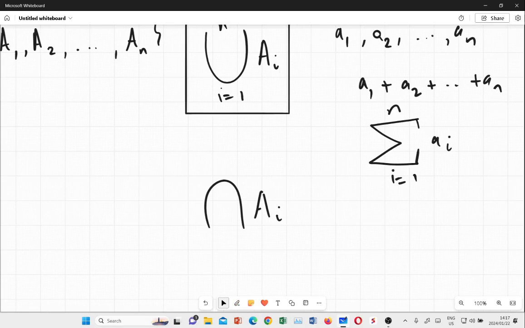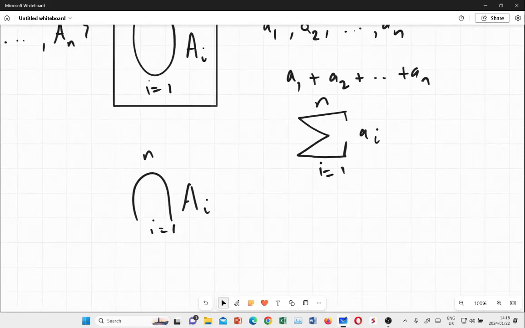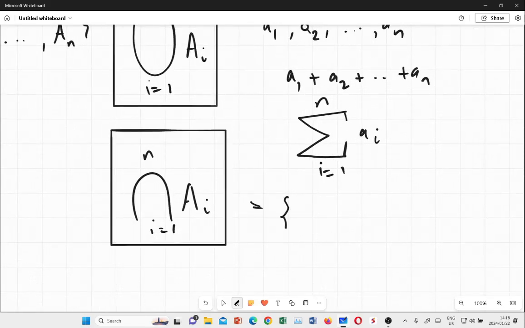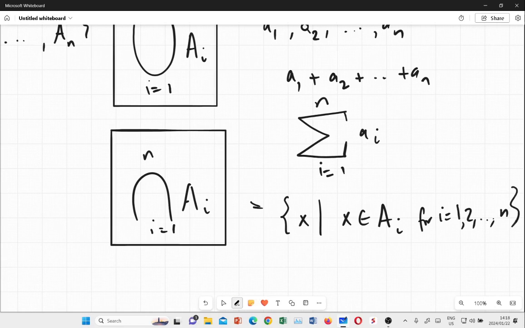So this consists of all the elements that are found in each and every one of these n sets. So this is similarly written with I equals 1 to n. Okay, right. So notice that we can write this out in set membership form: it is those elements x such that x belongs to AI for I equals 1, 2, all the way up to n.